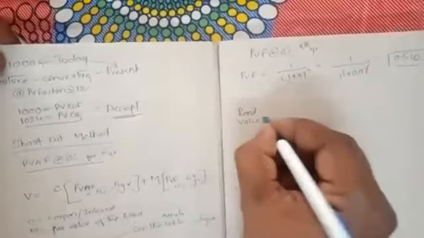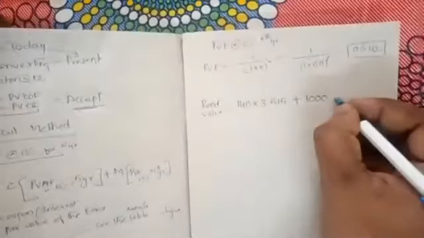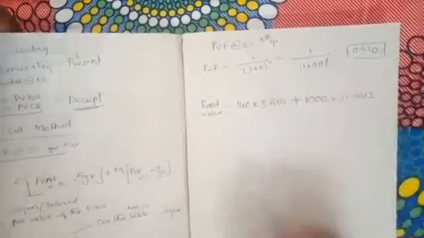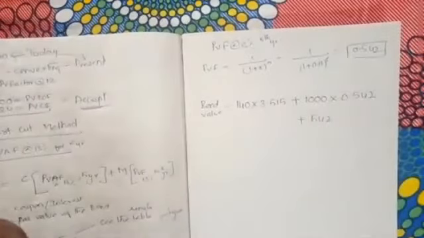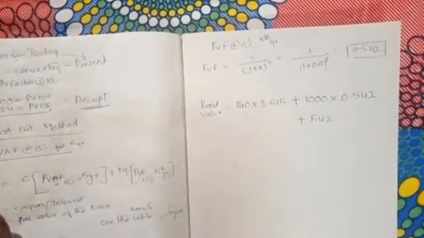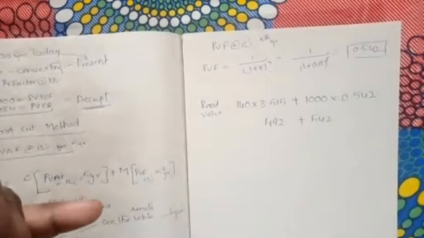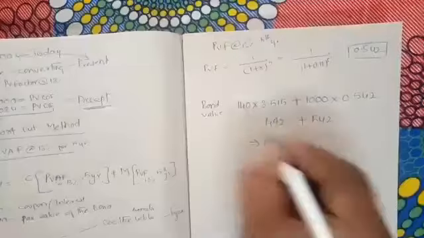Now, how to calculate the bond value? Bond value is equal to the interest amount we have calculated, that is 140, into the PV annuity factor 3.515, plus the principal amount we are going to get, that is 1000 par value, into the PV factor for the fifth year, 0.542, which means 542. 140 into 3.515 is 492, plus 542, that is 1034.1.